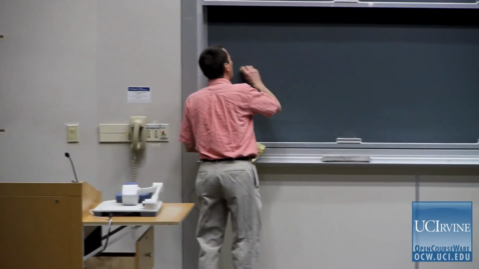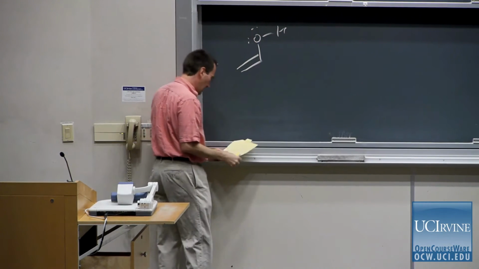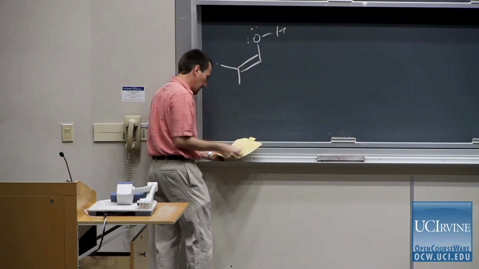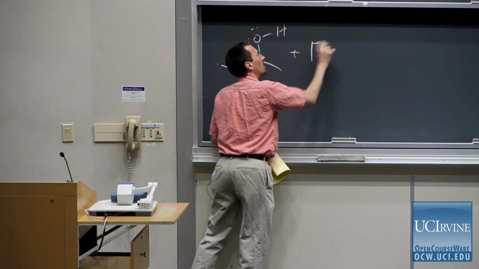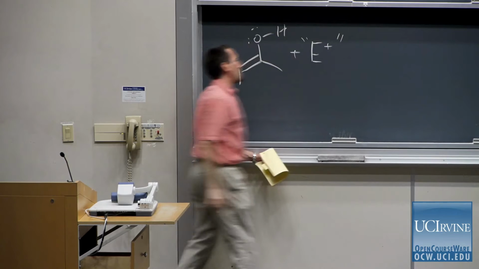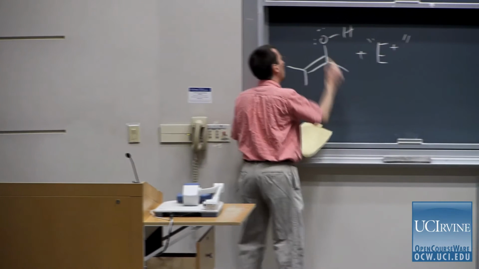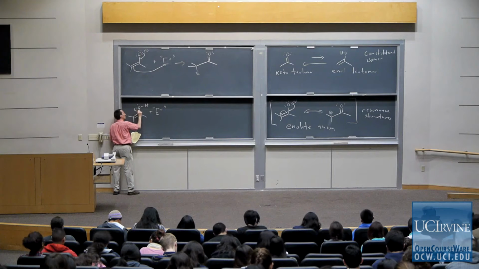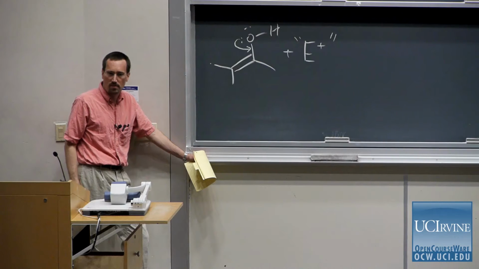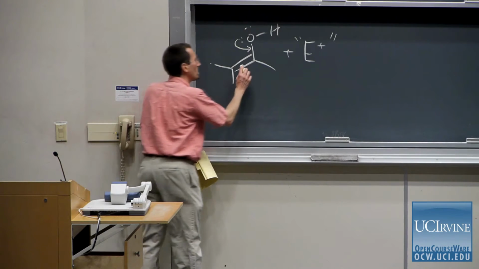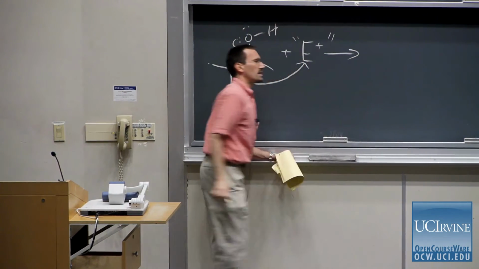So in the case of an enol, this minor species that's present in equilibria with ketones and aldehydes, and to a lesser extent with other carbonyl compounds, here's our enol, and again I'll have my generic electrophile, E+, and we can imagine electrons flowing down from the oxygen into the carbon-oxygen bond, giving rise to a carbon-oxygen double bond, concurrently with electrons flowing from the carbon-carbon double bond to the electrophile.